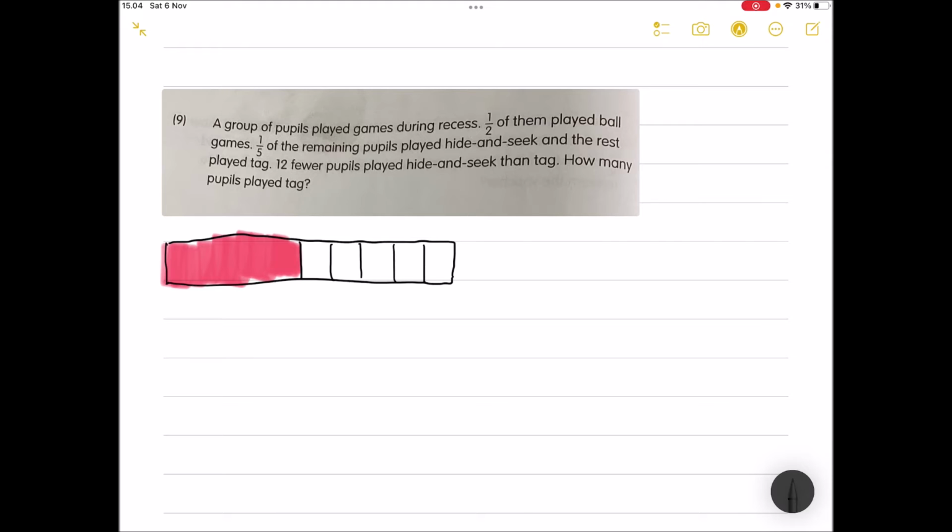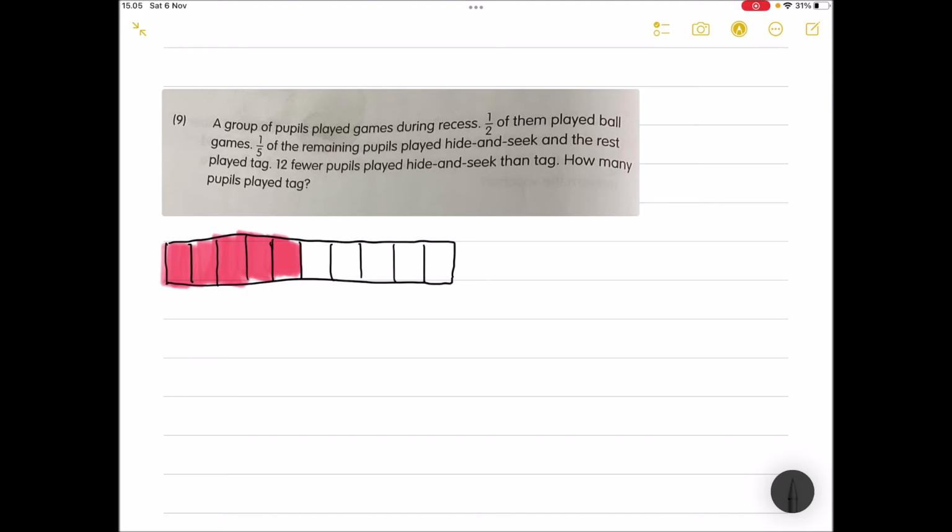Meaning for the ones who played ball games, we have to cut it as well, to keep the units the same size, or else the red one is bigger than each unit in white. So it's not okay. Let's cut them into 5 too. Again, you can check: the red color is 5/10, so it's actually half.